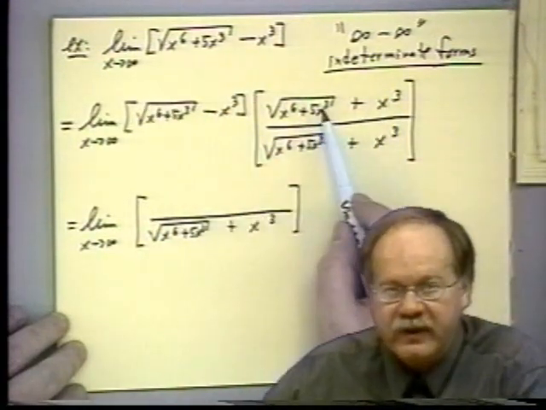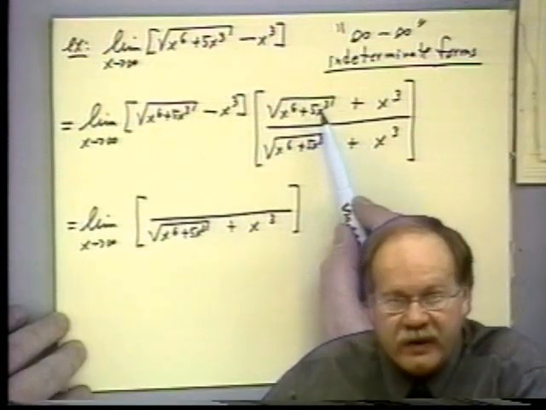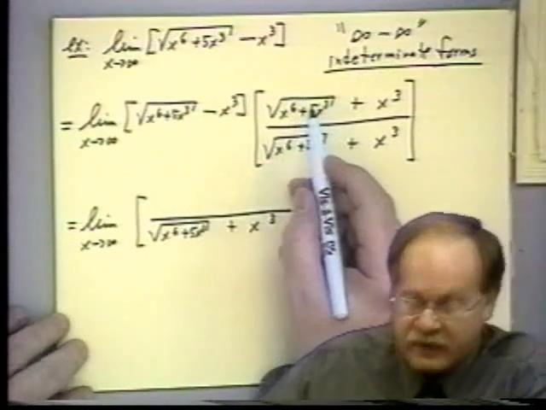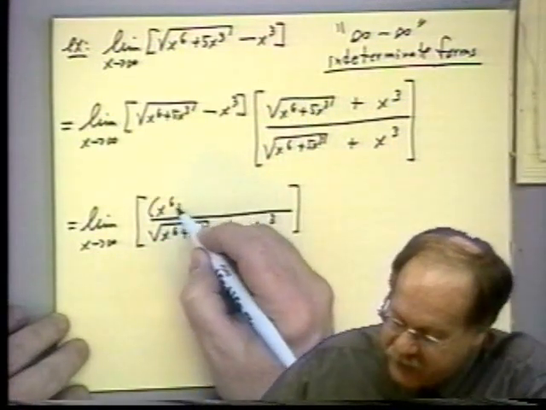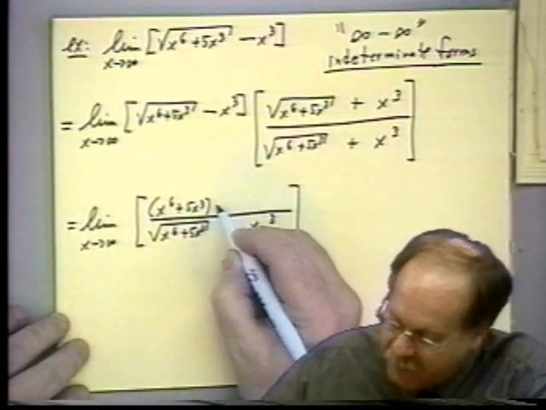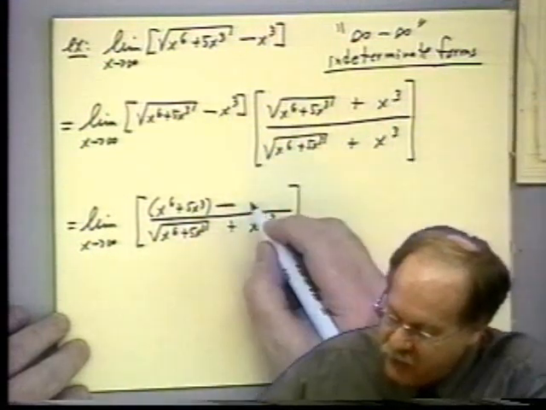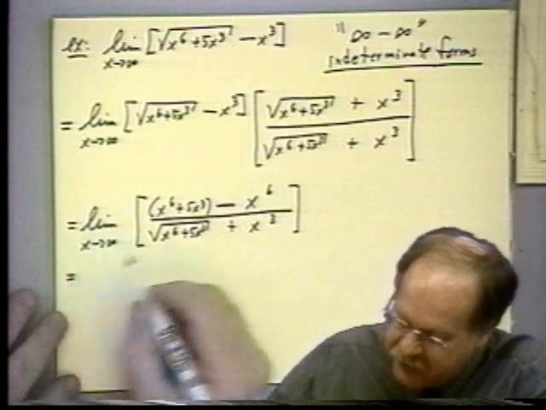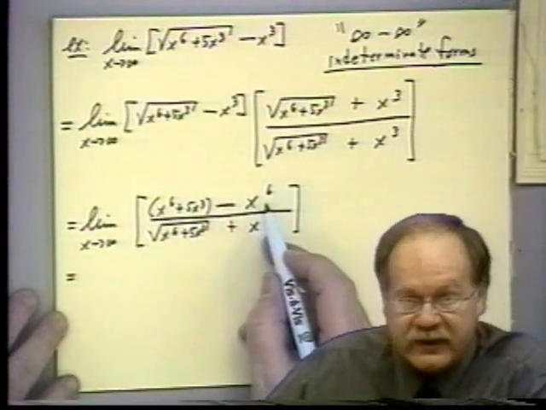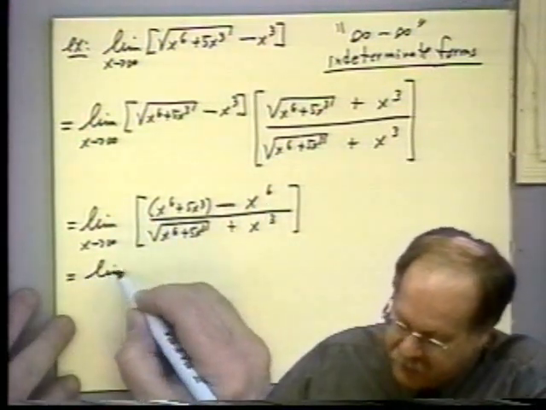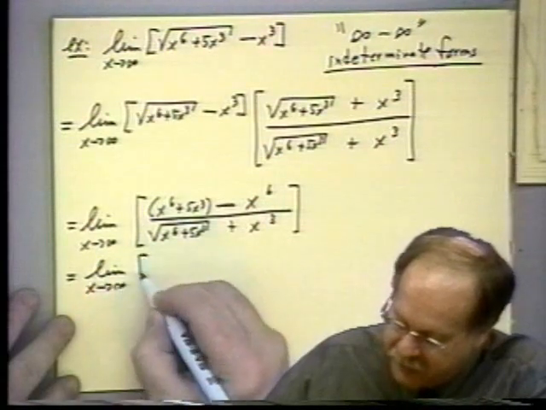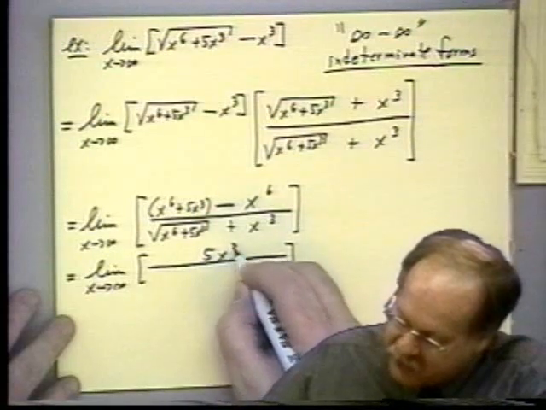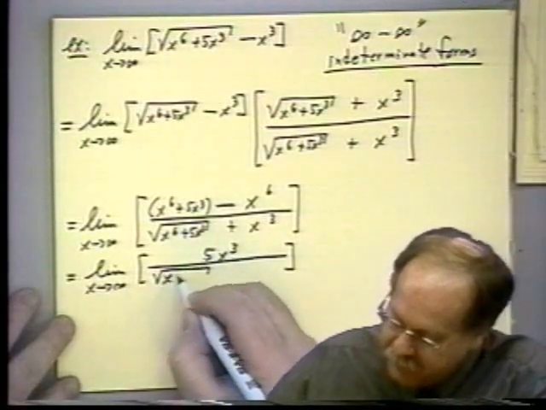When you multiply those two together, you get the difference of two squares. This is a well-known algebraic result. The square, of course, of the square root is just x to the 6th plus 5x cubed minus the square of x cubed, which is x to the 6th. That immediately suggests a simplification, x to the 6th minus x to the 6th. So this becomes the limit as x goes to infinity of the top becomes 5x cubed and the bottom remains the same.